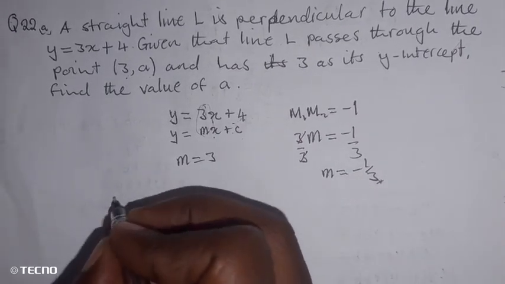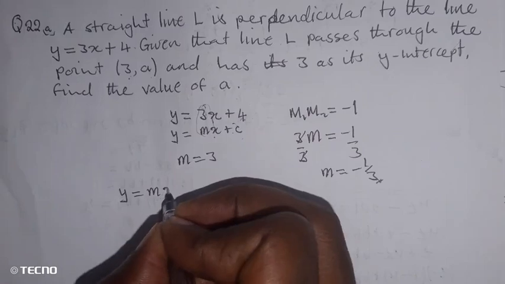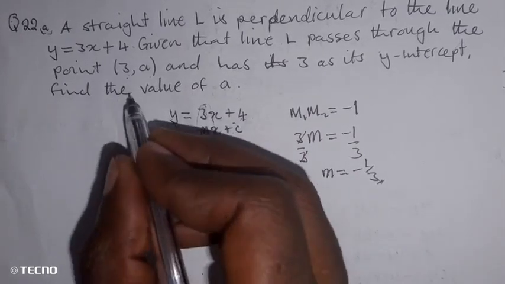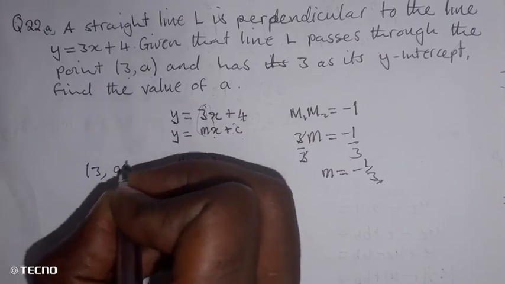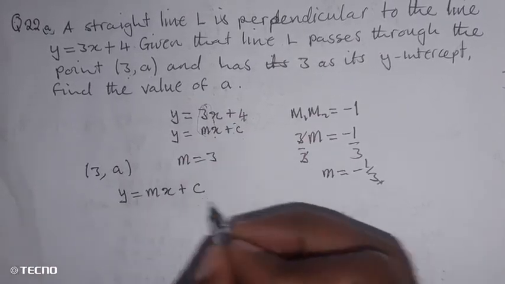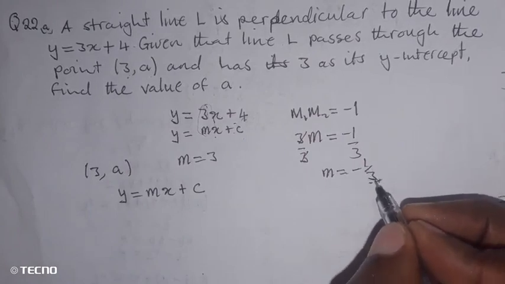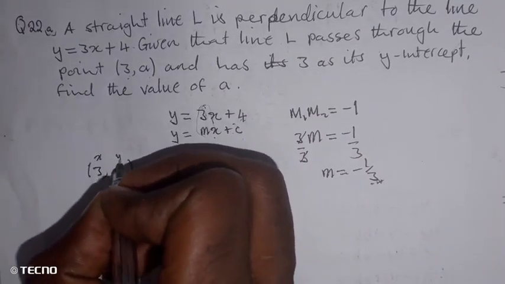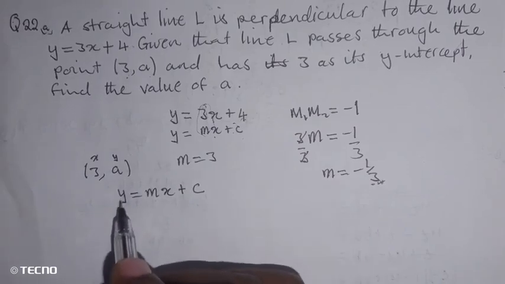So we have the general formula, which is y is equal to mx plus c. Having been given the point (3, a) and our gradient m is equal to -1 over 3, this one is the x-value and this one is the y-value. We have been asked to find the value of a, so where there is y, you replace by a.